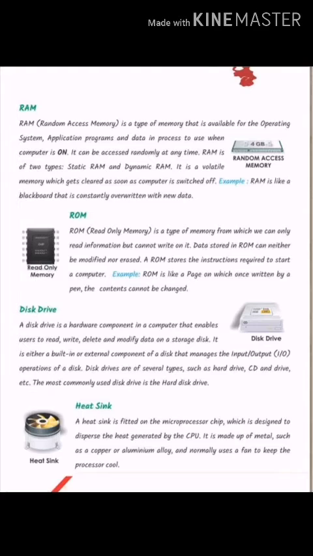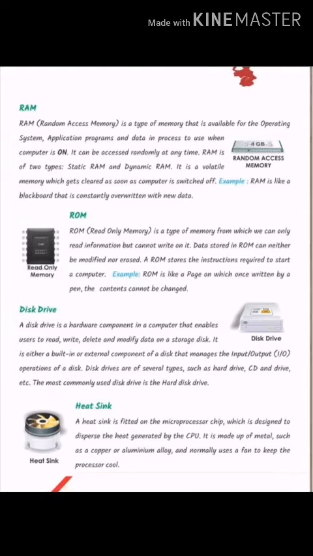It is a memory which is available for the operating system, the application programs, or the data being used for processing when the computer is on. RAM is like a blackboard which is constantly overwritten or erased and cleared off.